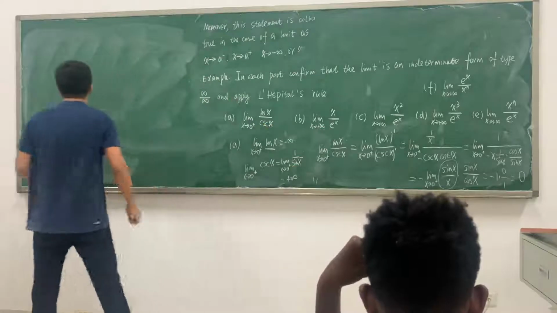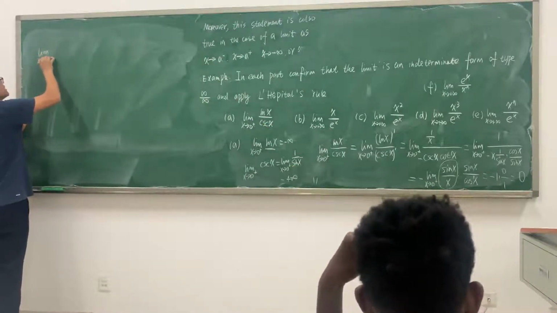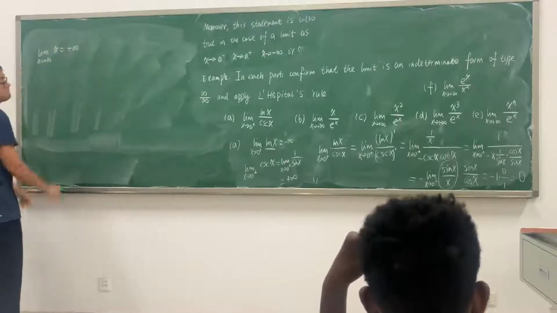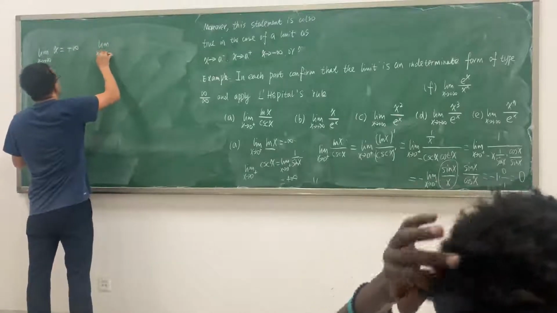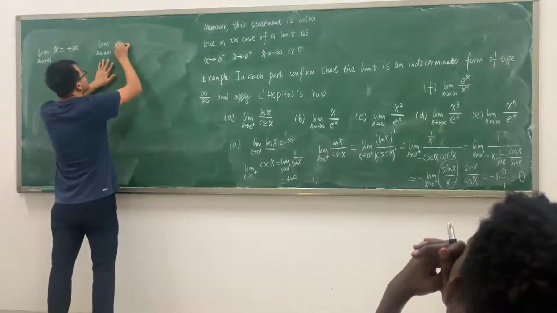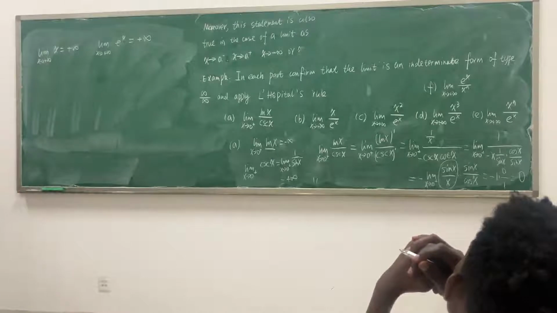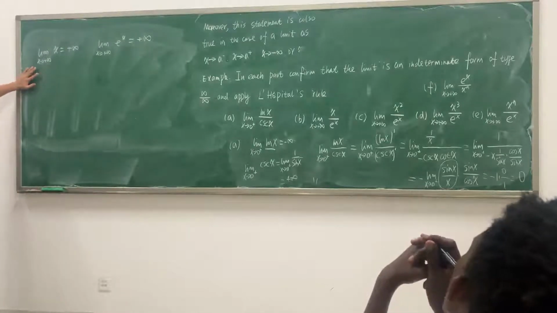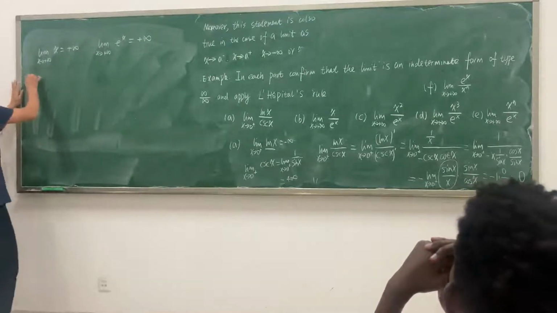First, x approaches plus infinity, so x is plus infinity, and e^x, of course, is also plus infinity. So infinity by infinity. This is an indeterminate form of type infinity by infinity.